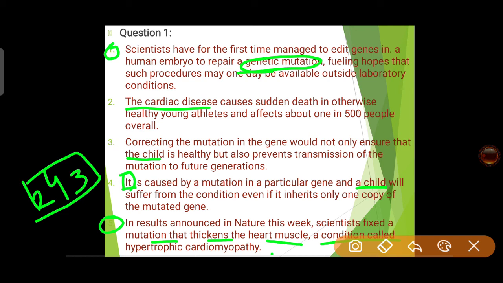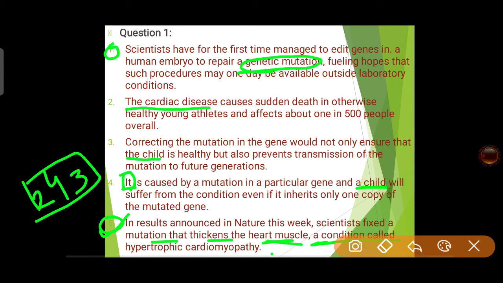Now if we go through one more mandatory pair, then in 5th point we are talking about a condition where someone is suffering from a disease. So in that disease their heart muscles get thicker.